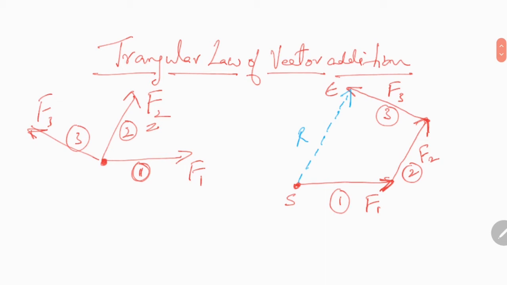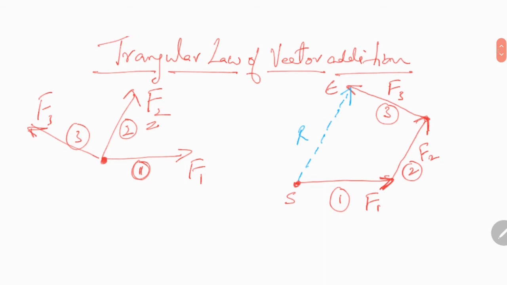Now, if you remember in our last class, when we took up two forces, if you remember this example, when I demonstrated the parallelogram law of vector addition, this is how our forces were, F1 and F2. Now suppose we use the triangular law. What will we do? Let's draw it. So this is our segment 1, this is our segment 2.